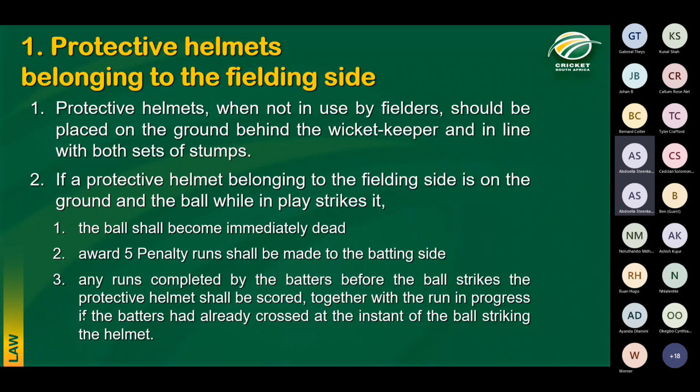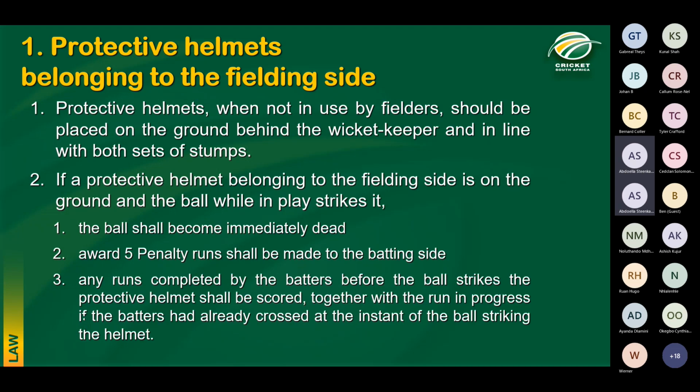So instead of going to the keeper who's behind the stumps, the wayward throw goes against the helmet that was placed behind the keeper. Here the law tells us, as soon as that ball hit the helmet, it becomes dead. 5 penalty runs to be awarded to the batting side.